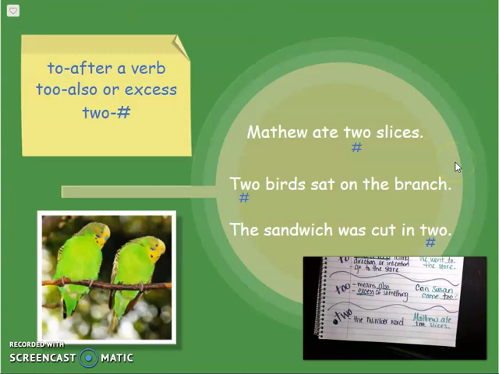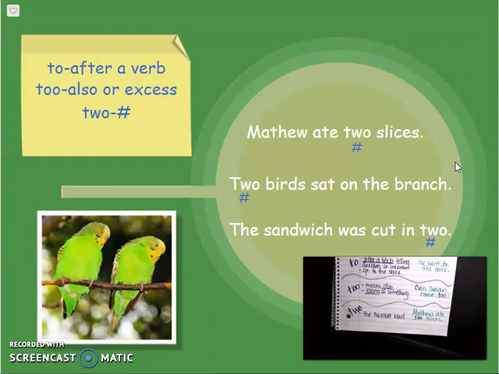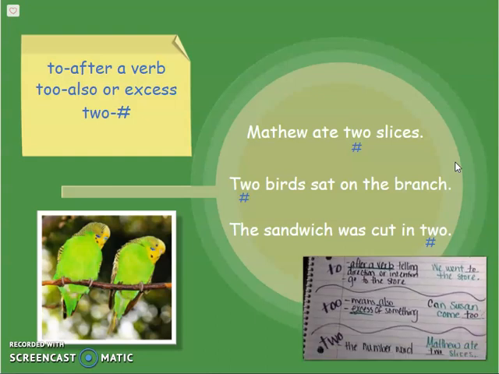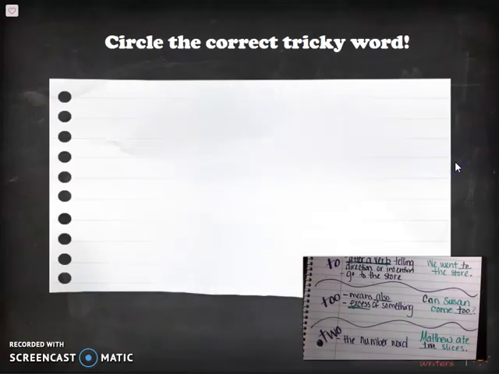Okay, please remember at any time if I'm going too fast to pause the video so that you can catch up on your notes. And you should have a perfect page of homophones with to, too, and two. What I would like for you to do now is your pop question. So I'm going to show you four sentences and they are going to be using to, too, and two.